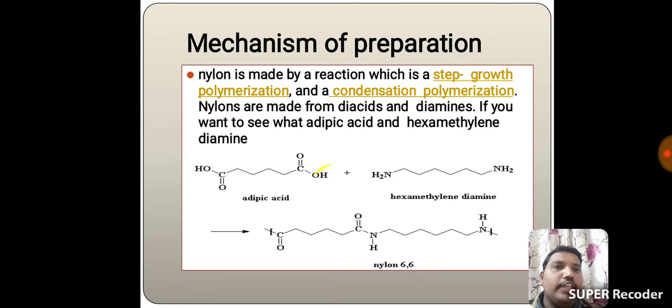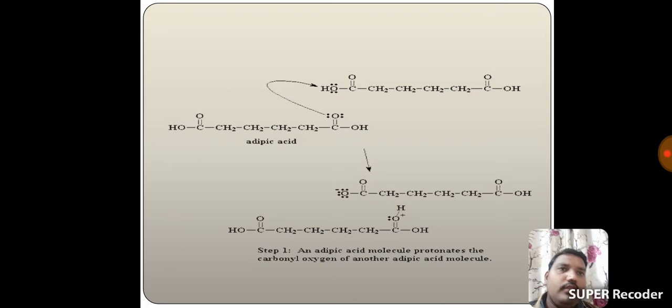Here OH minus and H plus combine to form a water molecule. Here also OH minus, from here H plus, that is the water molecule. So we get nylon 66. This is the amide function, C double bond O, NH. This is the mechanism.